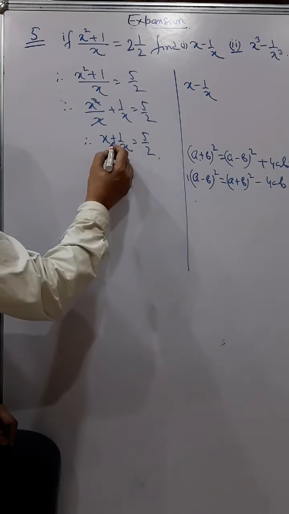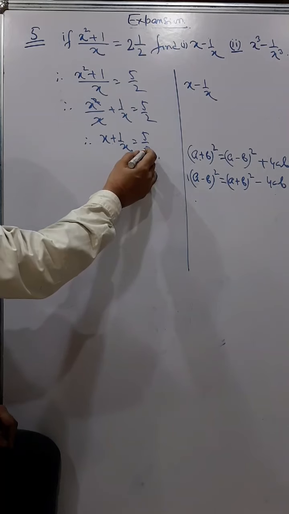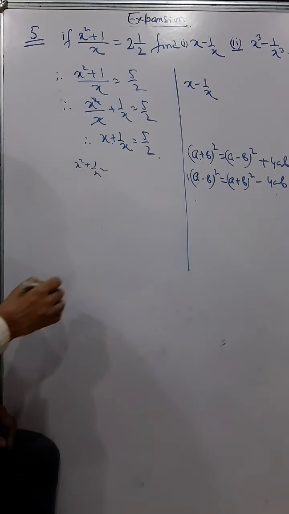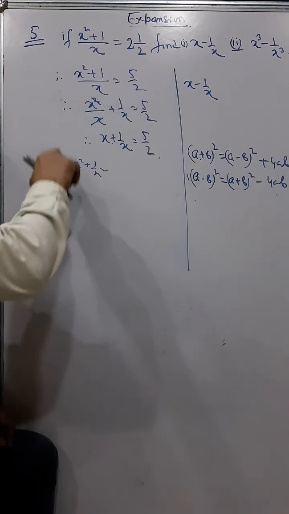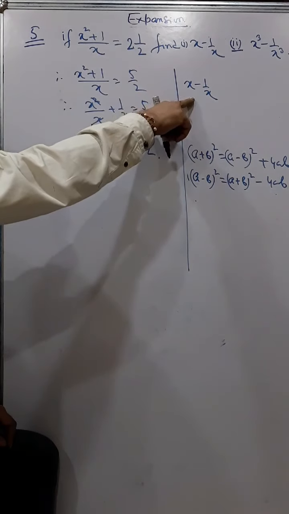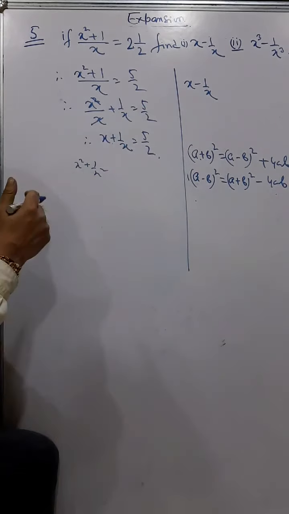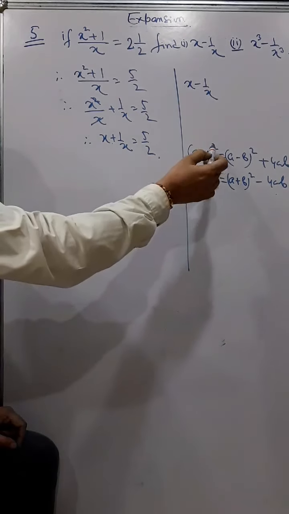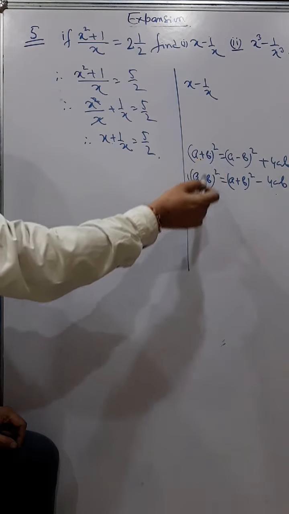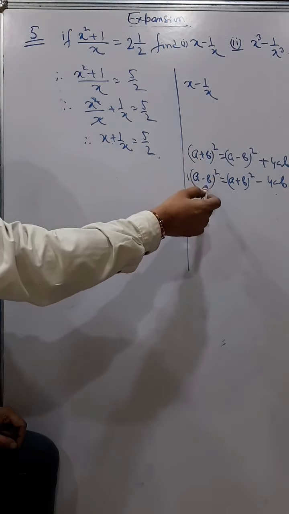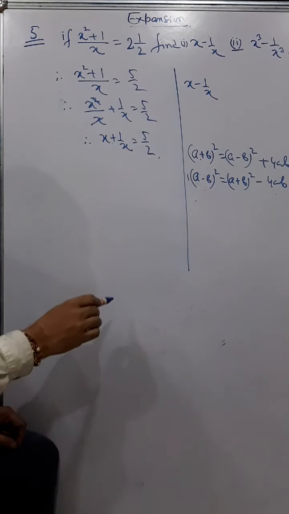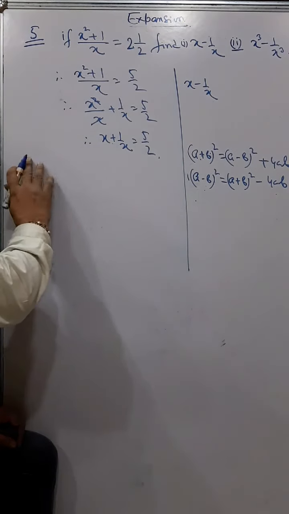Or we can do squaring on both sides, and we'll get the x square plus 1 by x square value, and then we'll get this whole square. That is a long process. Sometimes some of you don't know this formula. This is an extra formula of a plus b and a minus b whole square, but we can use this formula also. So we'll get it in a short way.